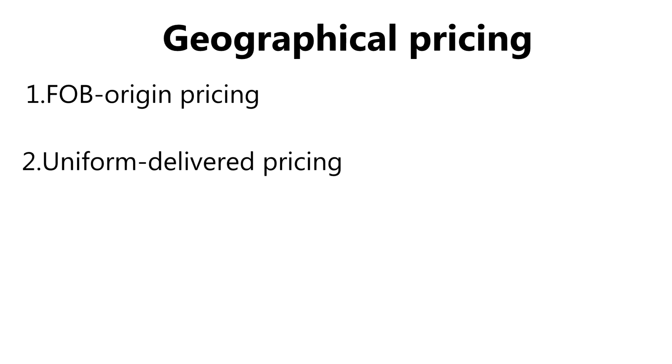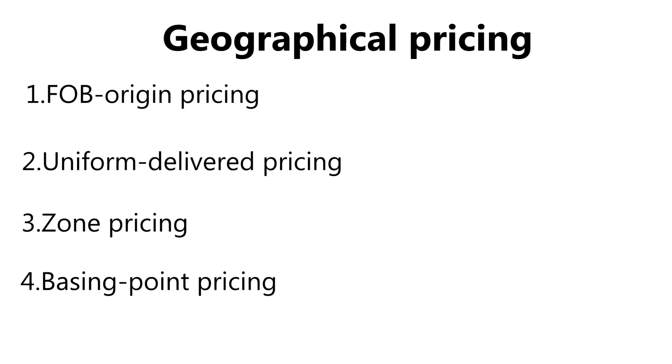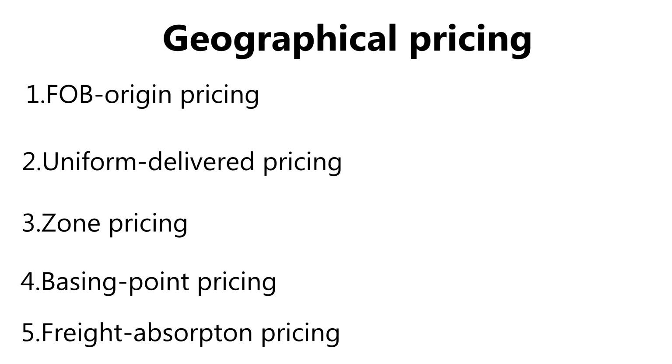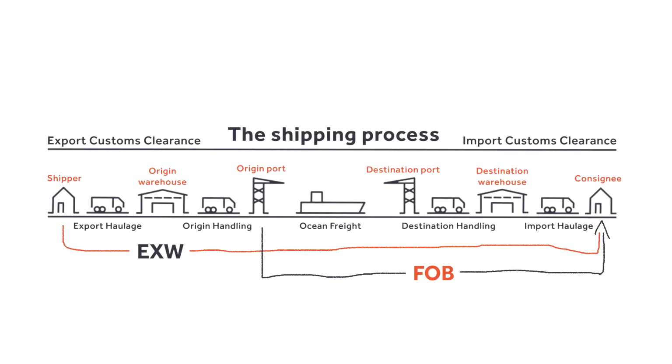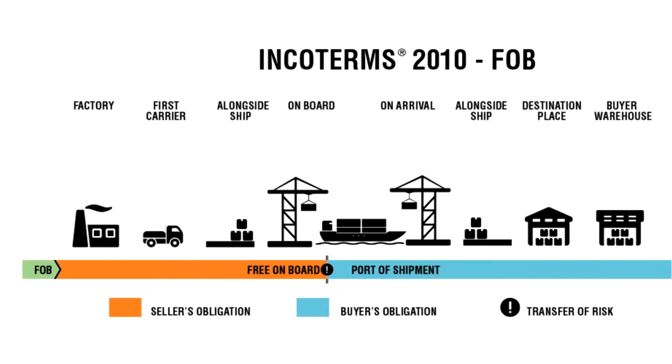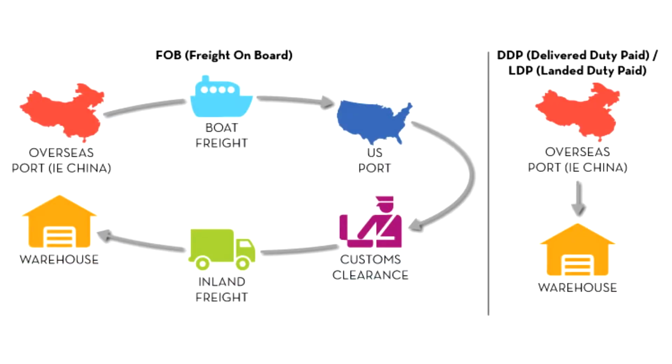Examples of geographical pricing are free on-board origin pricing or FOB origin pricing, uniform delivered pricing, zone pricing, basing point pricing, and freight absorption pricing. FOB origin pricing is a geographical pricing strategy in which goods are placed free on board a carrier. The customer pays the freight from the factory to the destination.